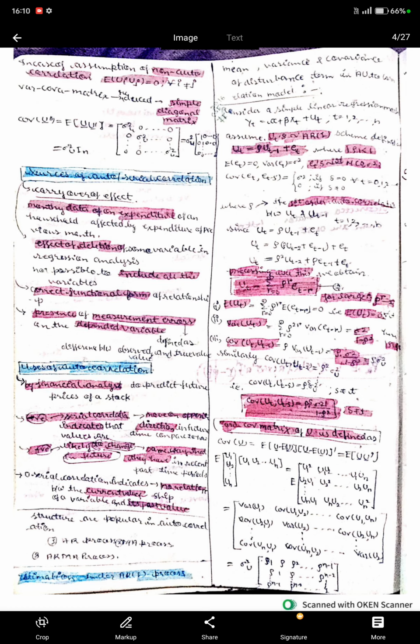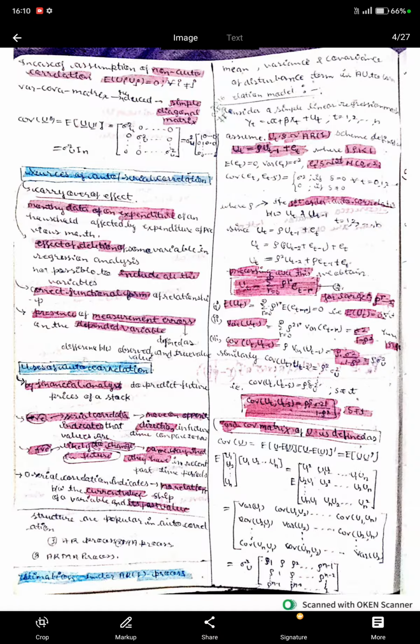So covariance of u equals expectation of u u dash, which is sigma square u on the diagonal and 0 elsewhere: in the first row sigma square u and other values 0, in the second row 0 comma sigma square u comma 0 and so on, and in the last row 0, 0, 0 and the last value sigma square u. This equals sigma square u times the identity matrix In.